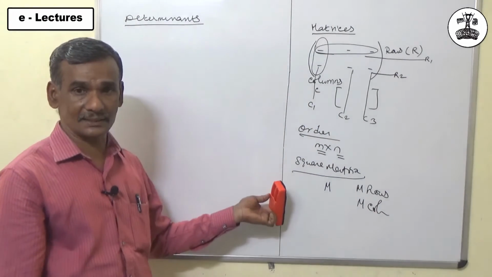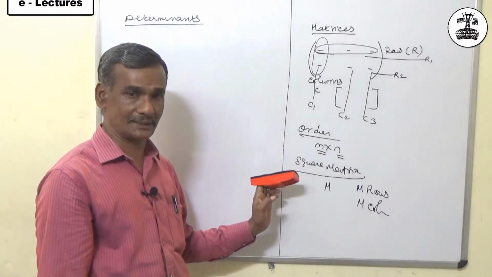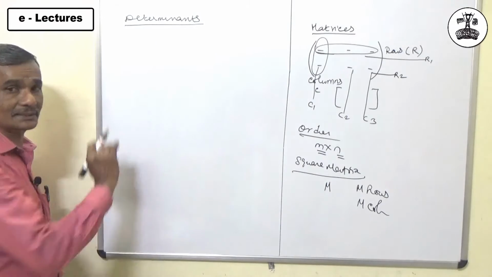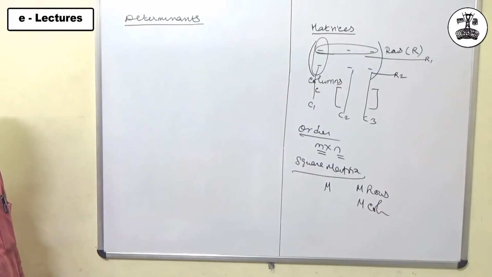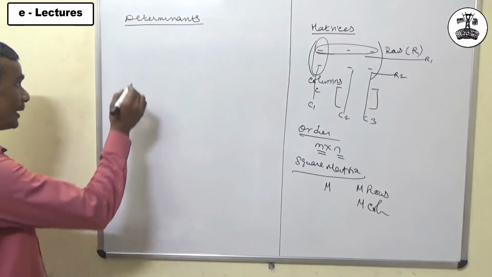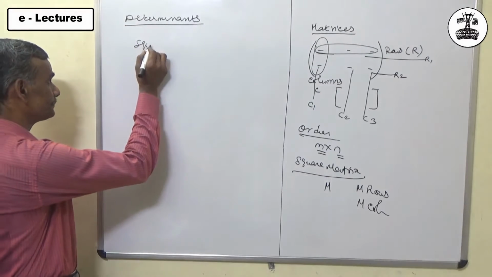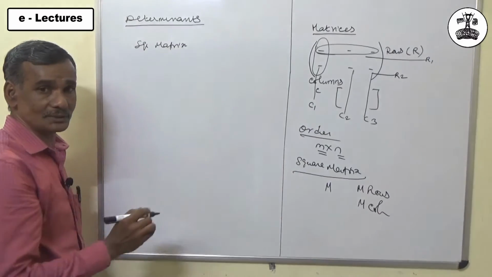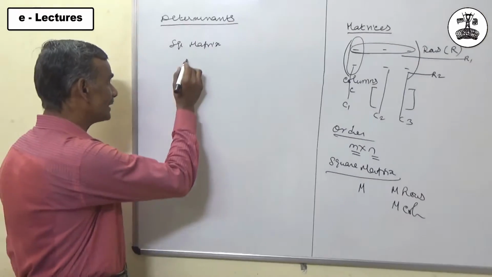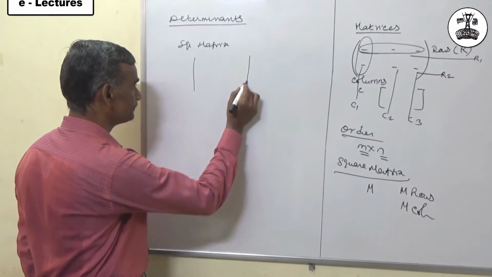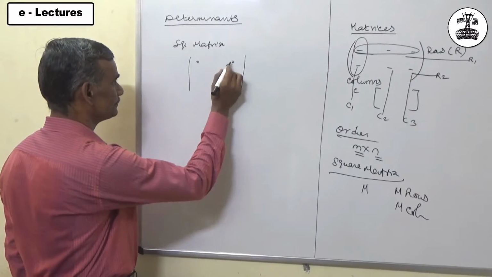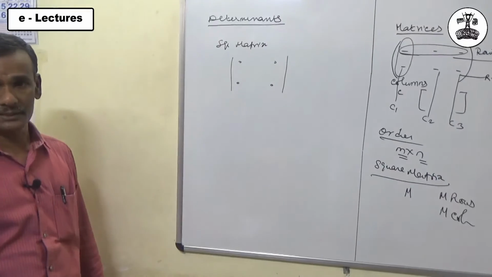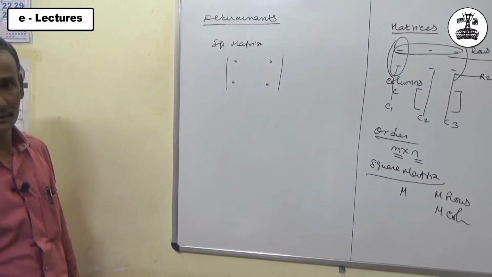A matrix has no value. Right. Now determinants. A determinant means a square matrix enclosed within 2 vertical lines.